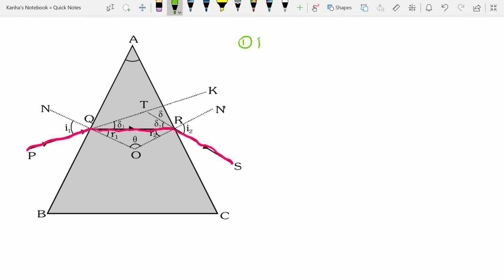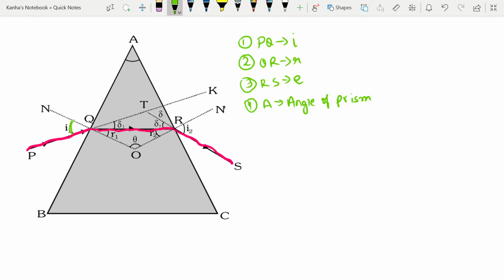My PQ is the incident ray, let's call it I. My QR is the refracted ray, which is R. Similarly, my RS is the emergent ray, let's call it E. Then you have the angle of prism, A. Next, we have I1, which is the incident angle on face AB.